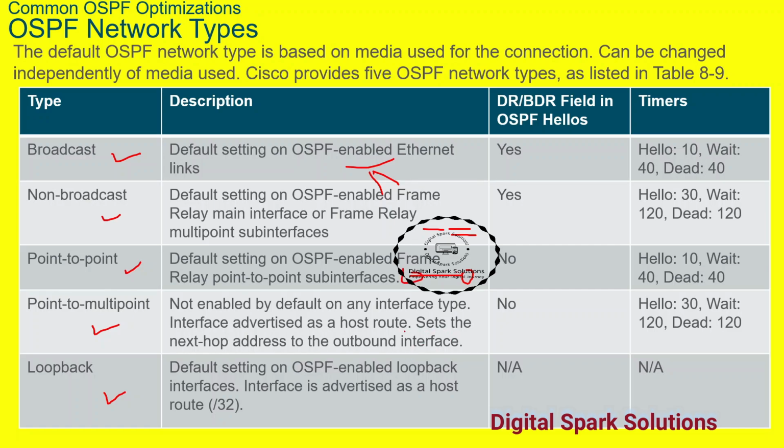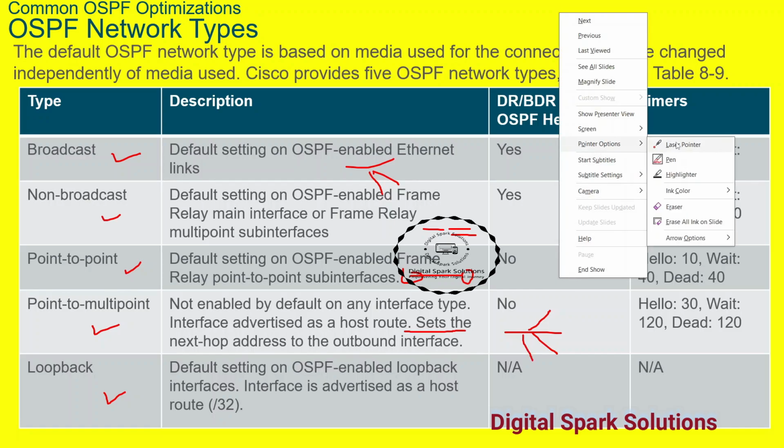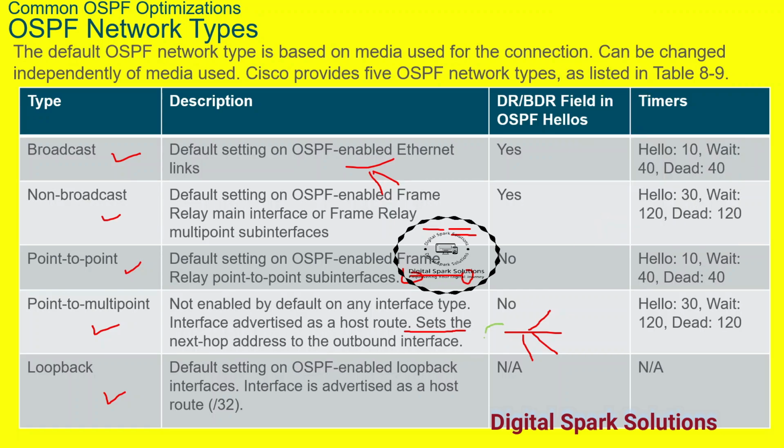Point-to-multipoint is, if this is the network, we have 4 nodes, this will be the point-to-multipoint.